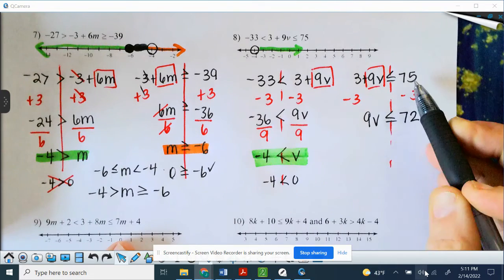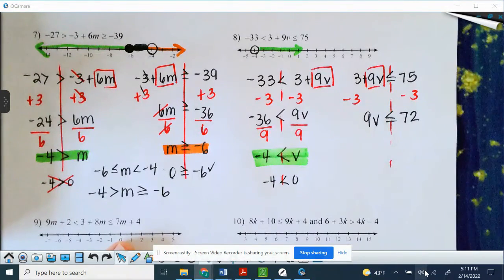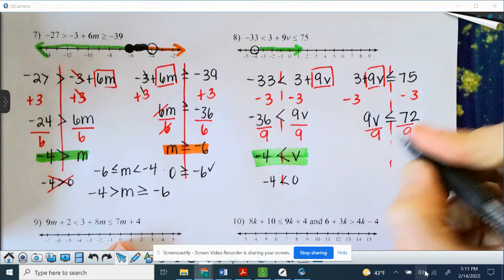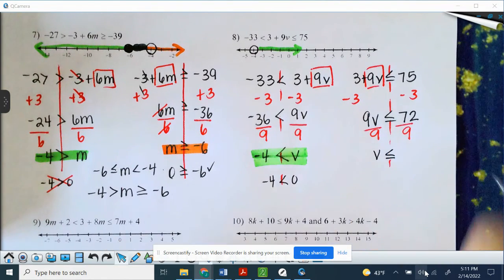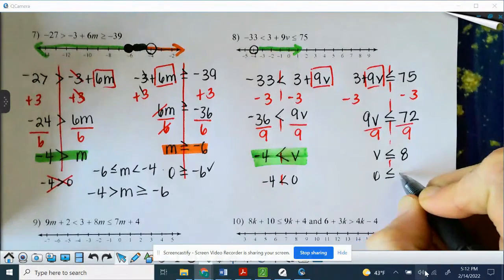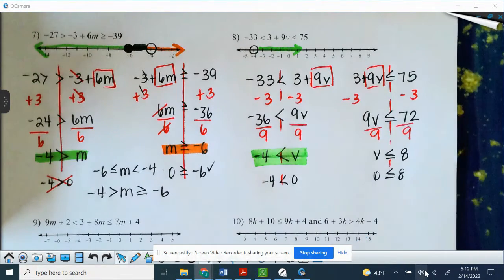I had 75 and I spent 3. 9v, we're going to divide by 9. It's a positive 9, so our inequality stays the same direction. We're not flipping anything. So 72 divided by 9 is going to be 8. Then we want to do our test point. Is 0 less than or equal to 8? It is. That is a less than or equal to.